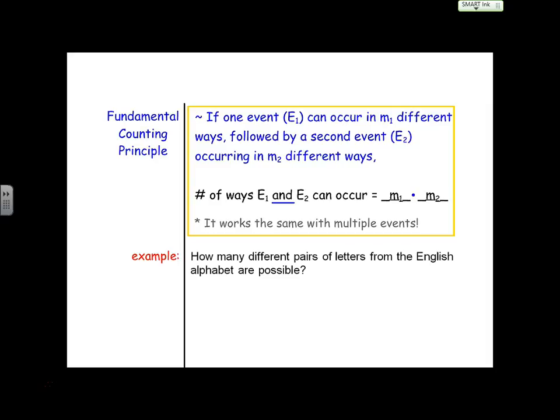We will use this fundamental counting principle to go ahead and reevaluate the last page and make sure we answer both of those correctly.